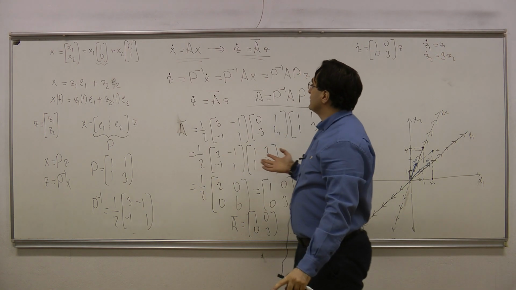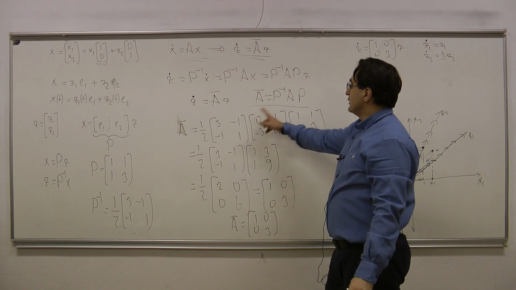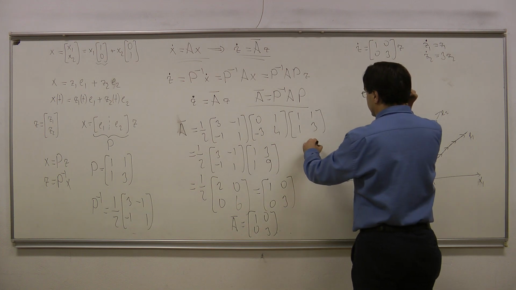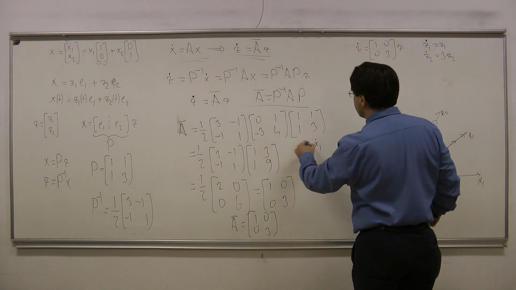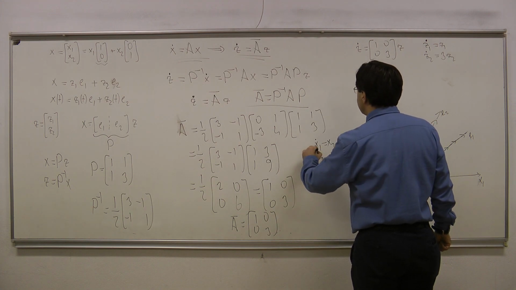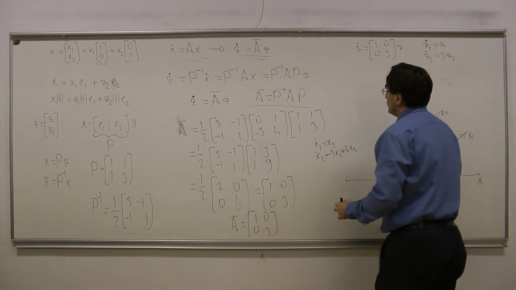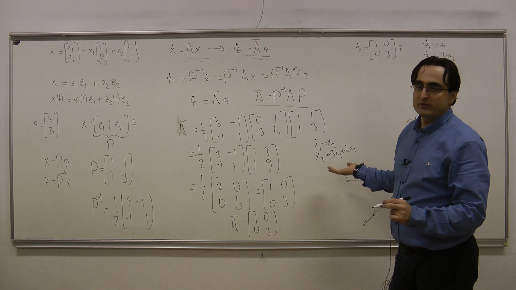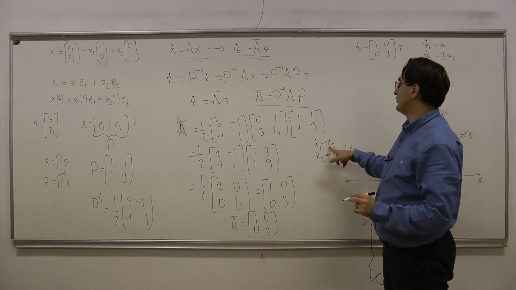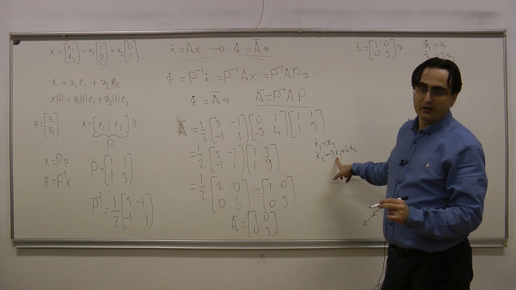So I have started with two uncoupled differential equations. If you look at the differential equations corresponding to the original system with this A matrix, you would get x1 dot equal to x2, and x2 dot equal to minus 3x1 plus 4x2. These are highly coupled differential equations. The x1 equation depends on x2, and the x2 equation depends on x1.